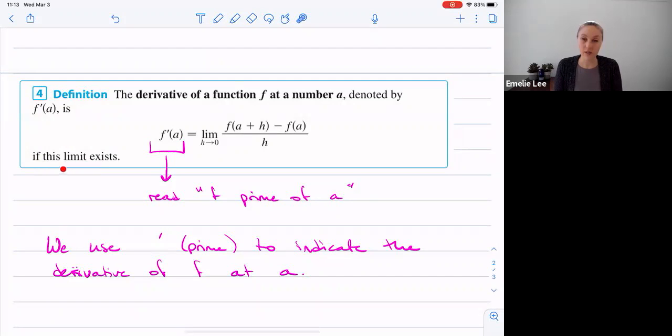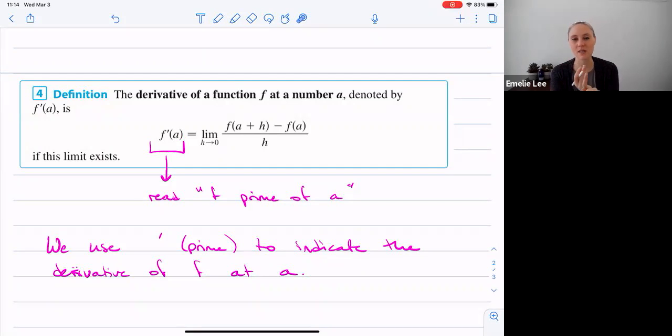Then you would have derivatives that don't exist. But like I said, we'll talk about some common situations where the derivative does not exist. So we use this little prime to indicate that, okay, I'm taking the derivative of the function f and evaluating it at a. Okay?